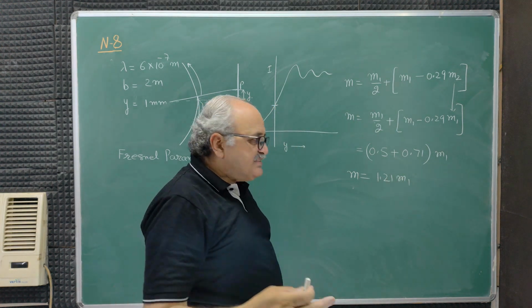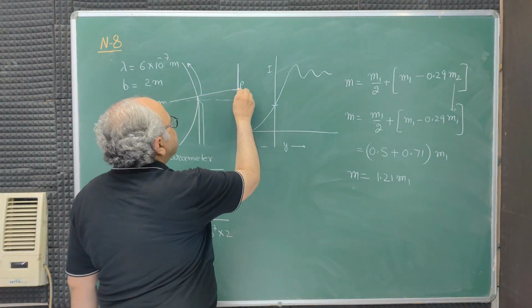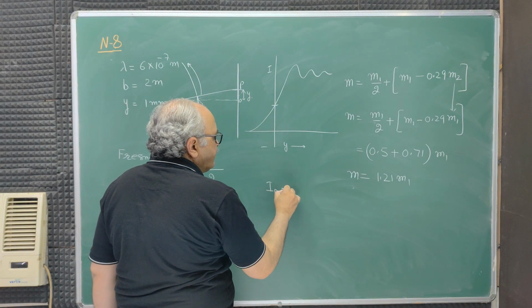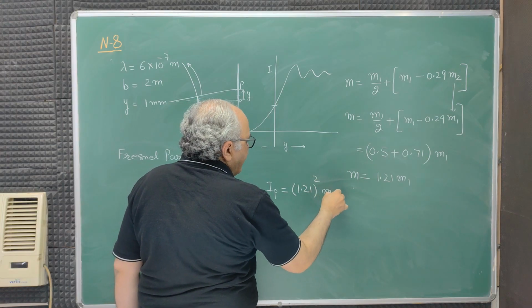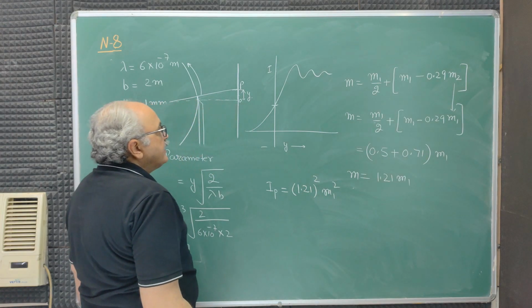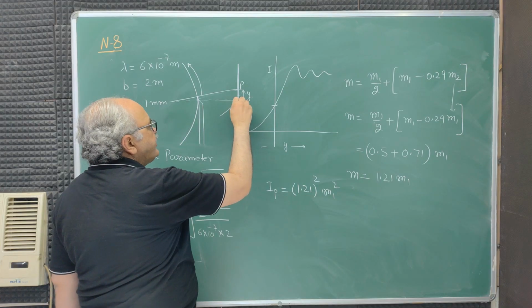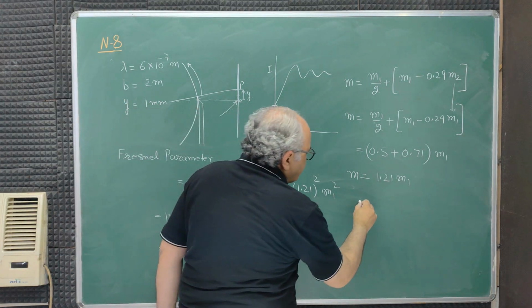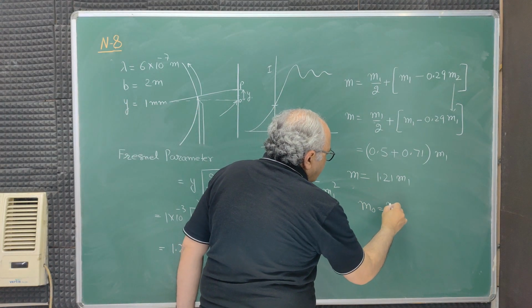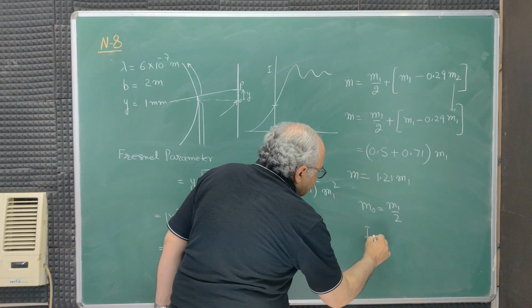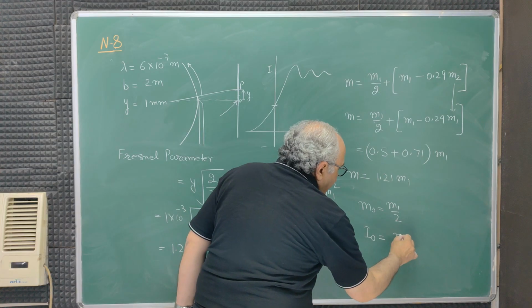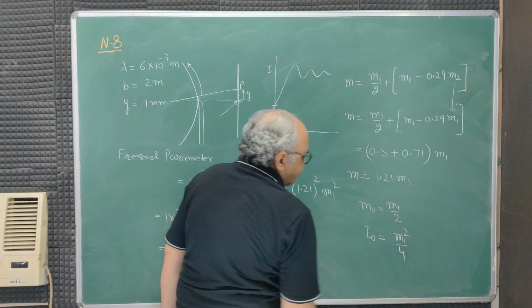So as far as the intensity is concerned, at this point P, the intensity will be 1.21 whole square m1 square. Remember, at this point O, the contribution is only m1 by 2. That makes the intensity at O m1 square by 4.